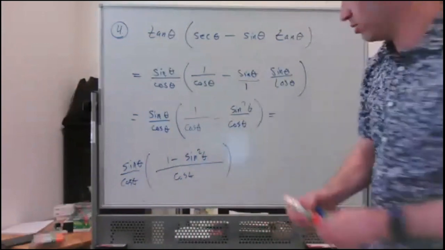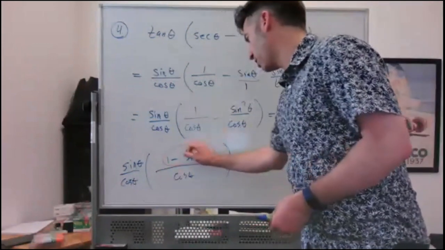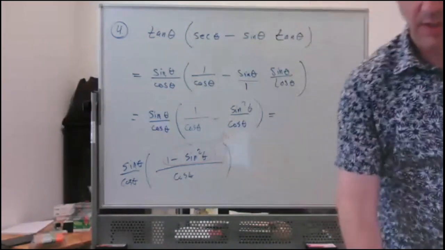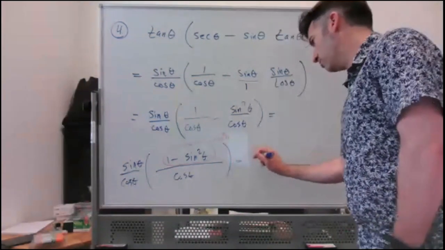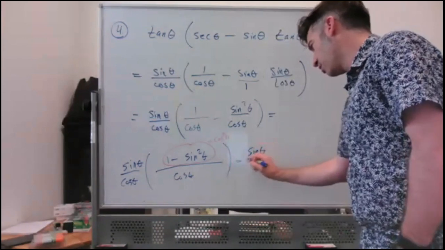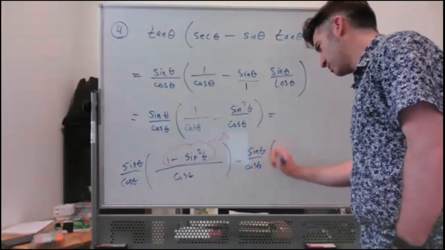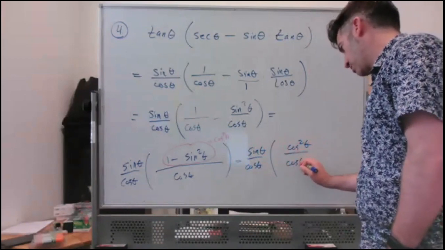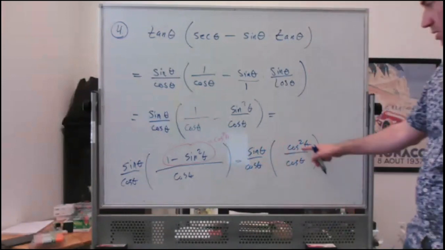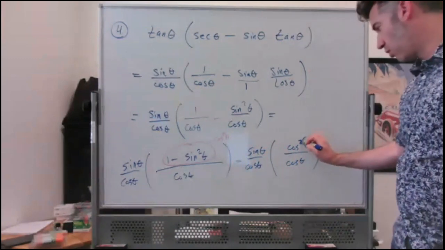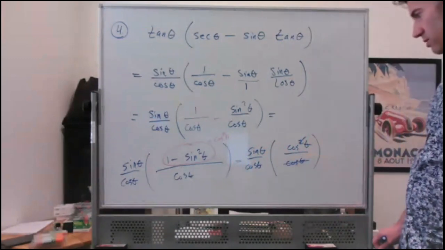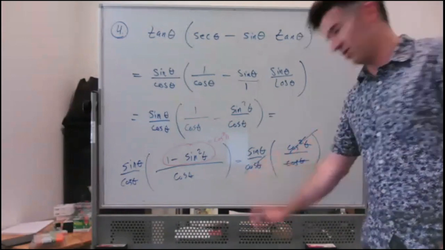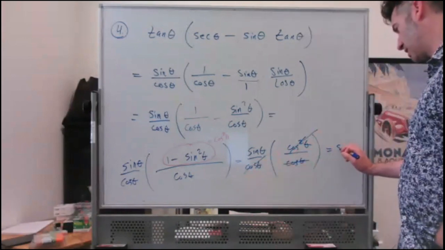So we replace this part with cosine squared theta. So I have sine theta over cosine theta times cosine squared theta over cosine theta. And then cosine squared divided by cosine, one of those cosines cancels, and then the other cosine cancels. That's equal to sine of theta.